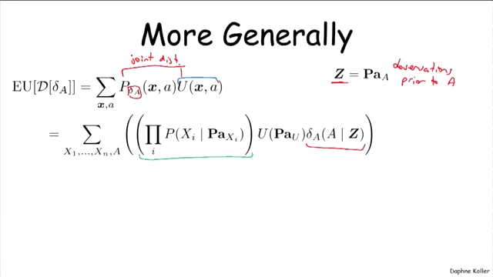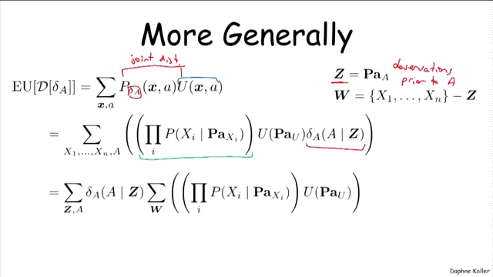So we can do the exact same moving in of factors inside and outside of the summation, and we're going to marginalize out everything except the variables that appear in this factor delta A, so everything except A and its parent Z, and we're going to sum out all of the remaining variables, which for simplicity we're going to denote W. So this is summing up over all variables other than A and Z of this product of factors, including the utility factor.